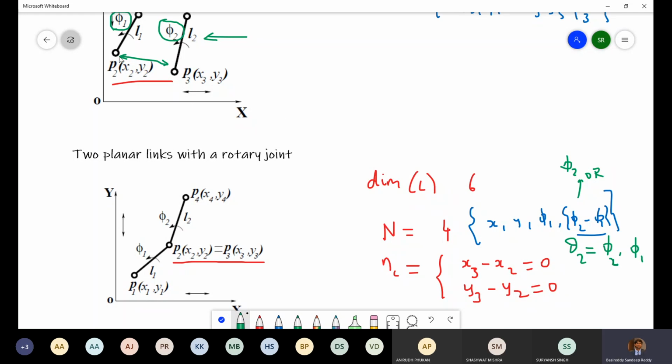So now when you're joining P2 and P3, this link is not rotating anywhere in the plane. It is only rotating relative to the first link. So that is why you will get some theta 2, which is defined by phi 2 minus phi 1.